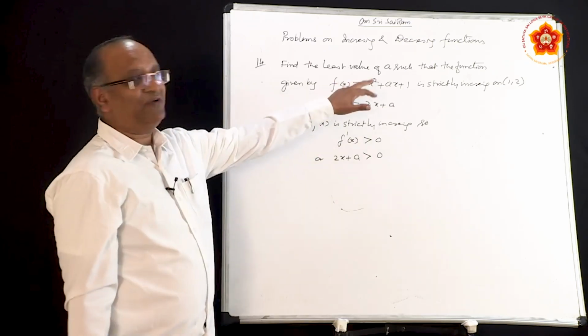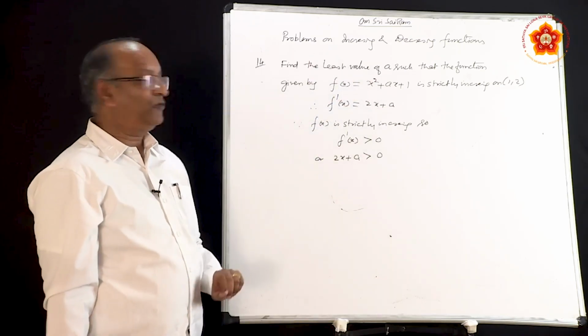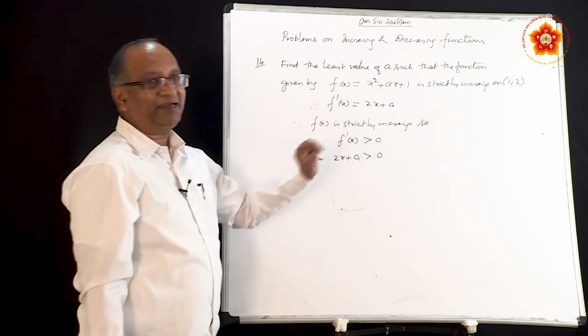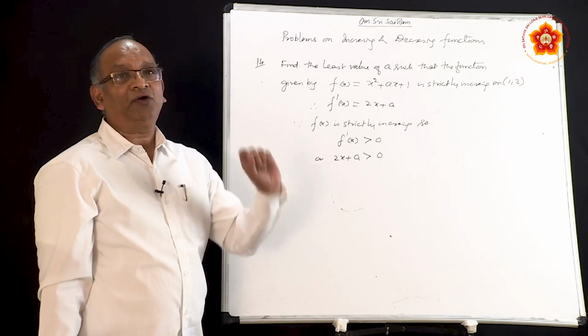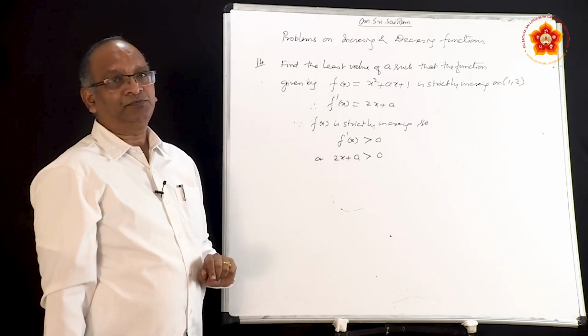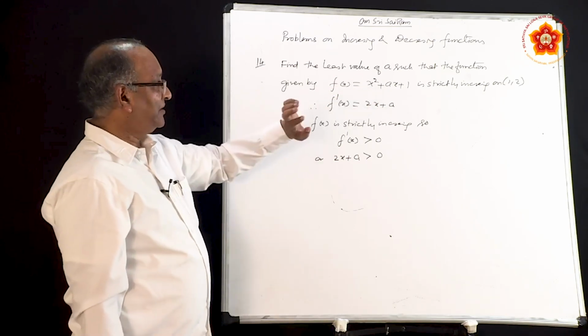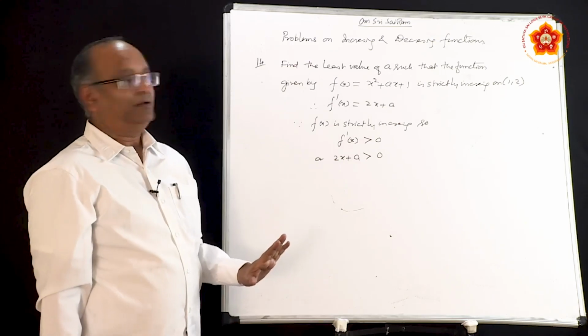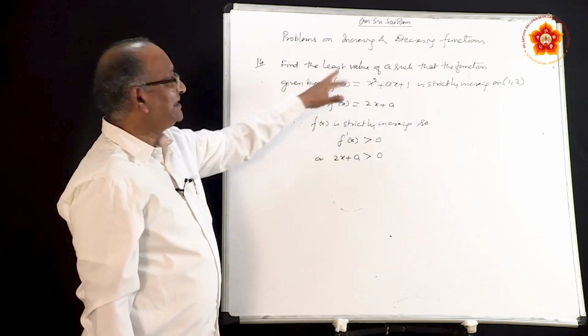He has given that the function is strictly increasing. So, we concluded that f dash x whatever we got is going to be greater than 0. We need to find out least value of a. The interval is 1 and 2, not the interval of a. We have to find out the value of a. He says find the least value of a.